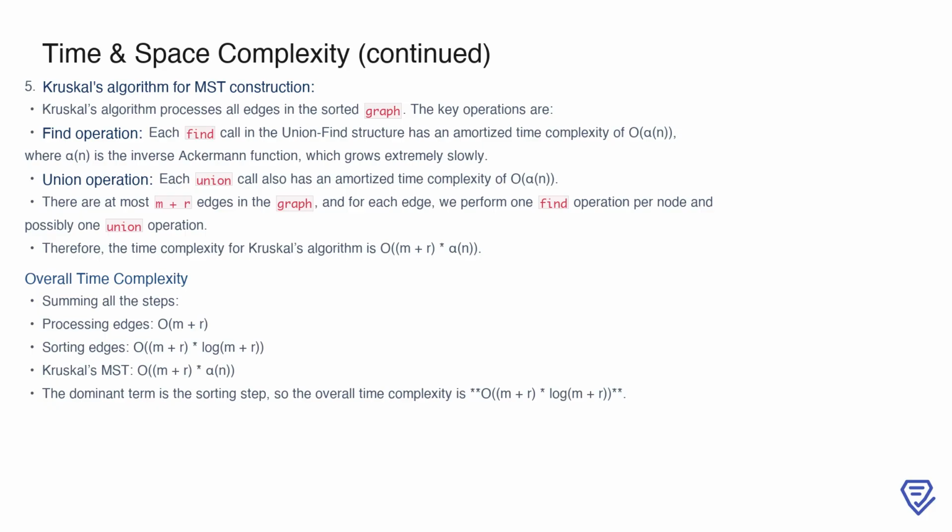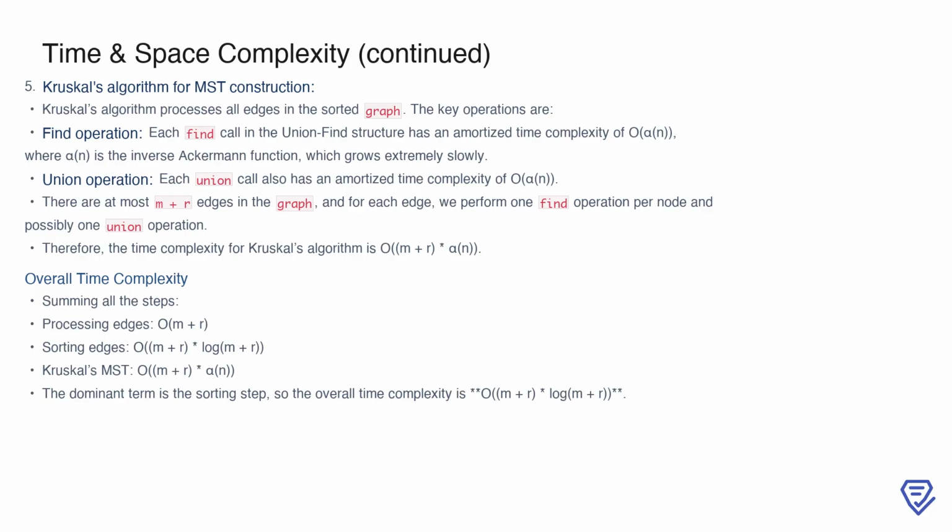Each find operation has an amortized time complexity of O(alpha(n)), where alpha(n) is the inverse Ackermann function that grows extremely slowly, effectively making it almost constant in practical scenarios. Similarly, each union operation also has an amortized complexity of O(alpha(n)). For each edge in the graph, we perform at most one find operation for each of its two nodes, and possibly one union operation. This results in a total complexity of O((M plus r) alpha(n)) for Kruskal's algorithm.